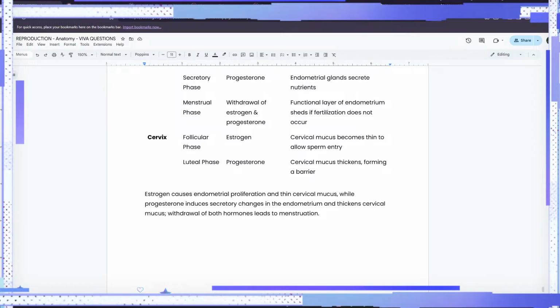Surely we're done. I don't really think there are any other questions for histology. I think we covered most of it. We're good. We are exceptionally good, alhamdulillah.